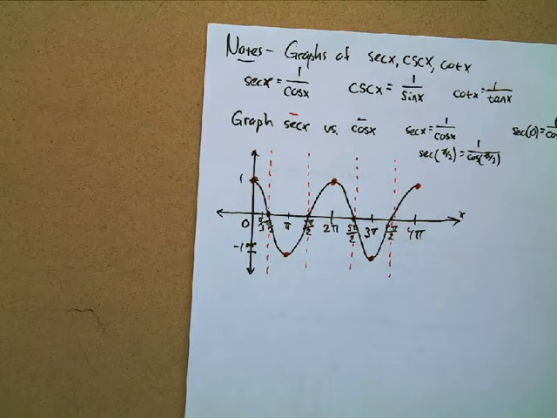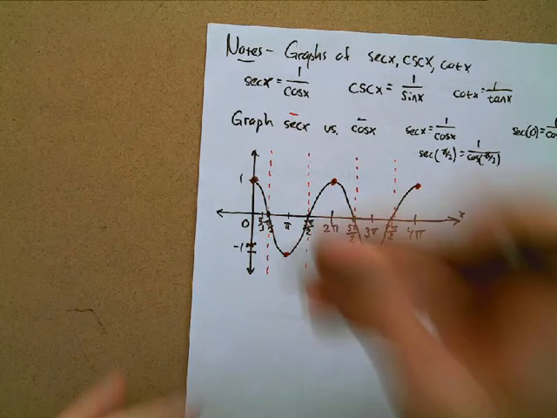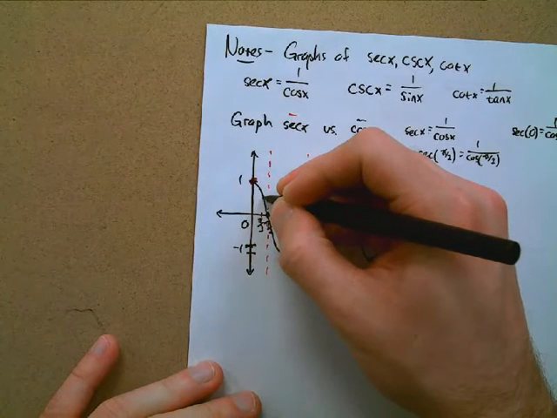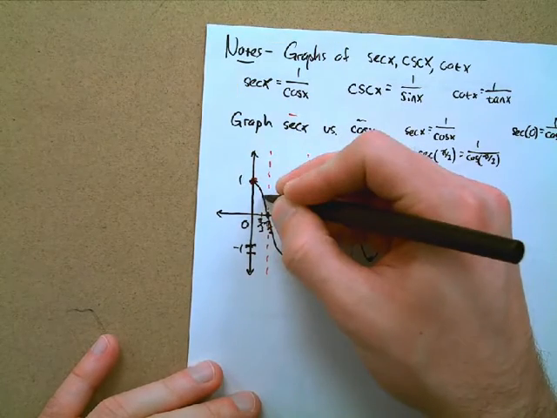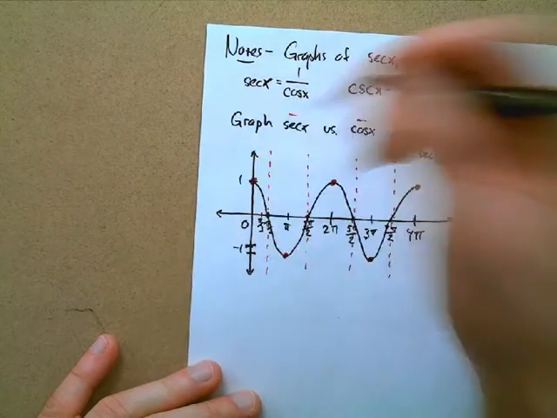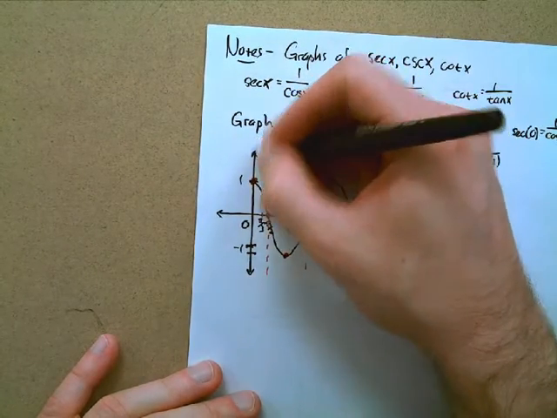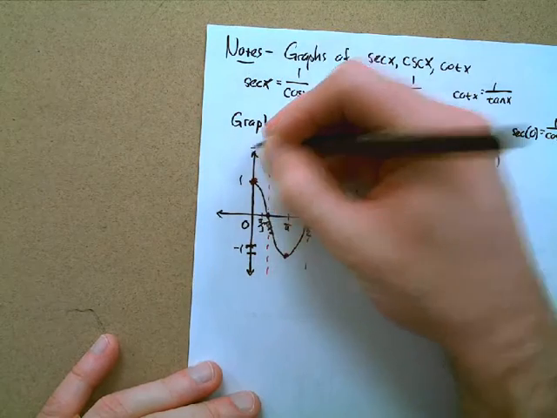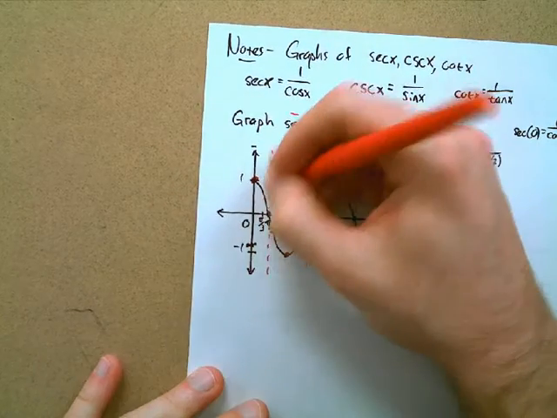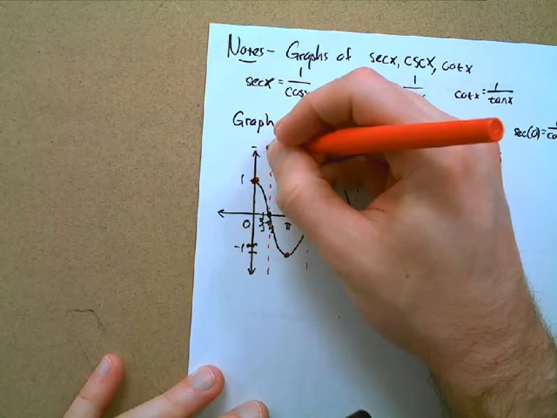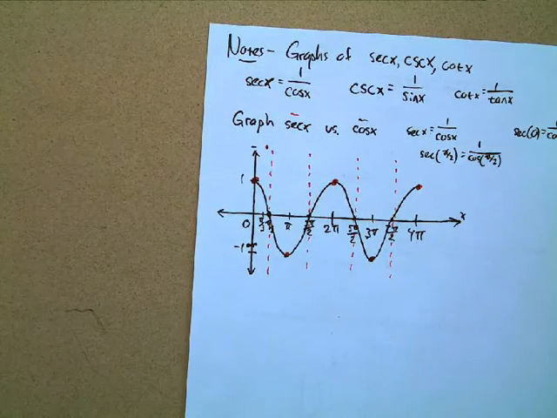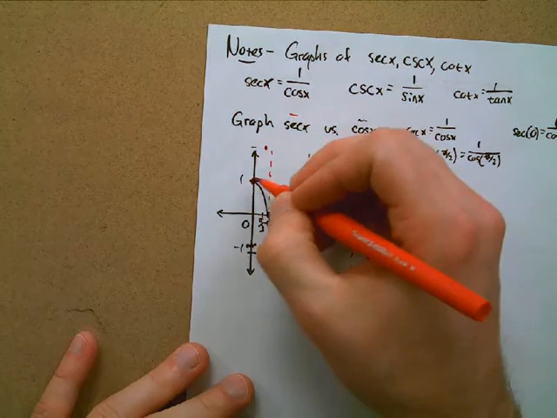So secant of pi over 3 is going to be up here. Let's say it's right there. So at pi over 3 it's going to be up here somewhere. It's going to go up to that point.